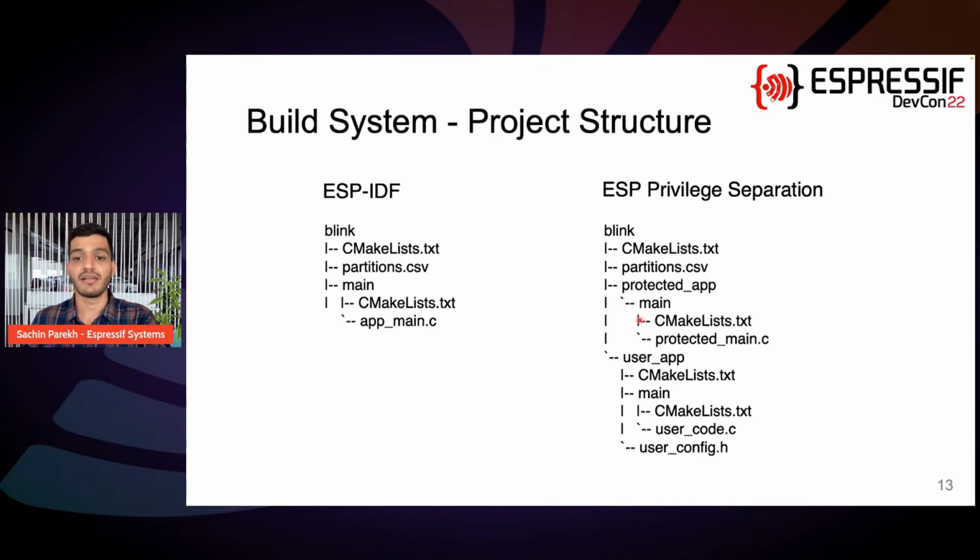So whatever code is written in the main folder would be built as the protected application. And then the user application also has its own main folder, and the code written inside this main folder would be built as the user application. Now one thing I would like to highlight here is that the privilege separation framework is built on top of IDF. So we have tried to maintain the same workflow as you are already familiar with.